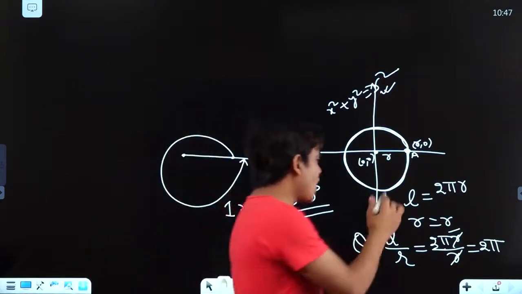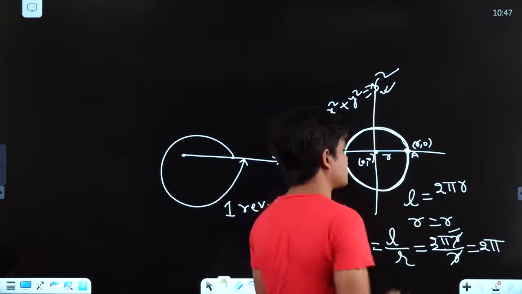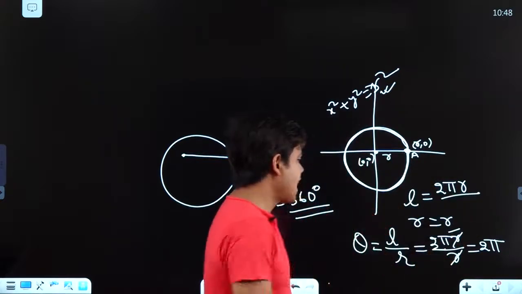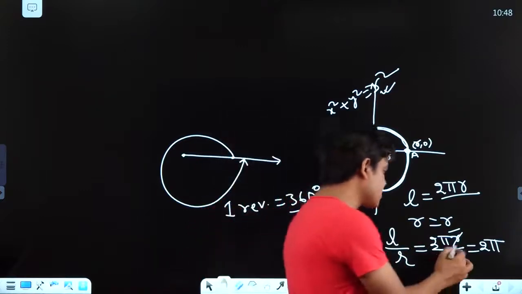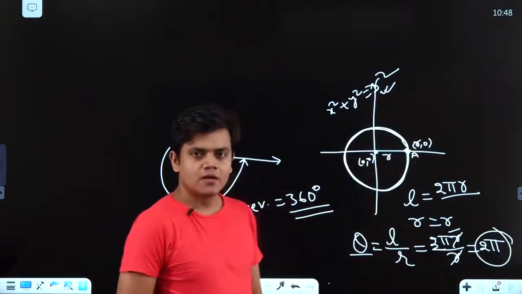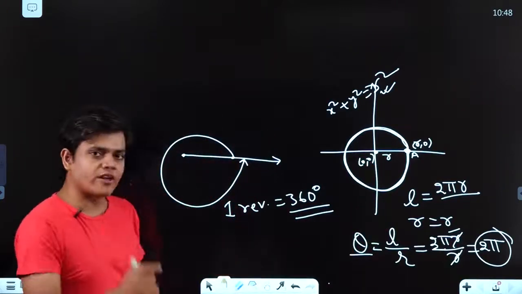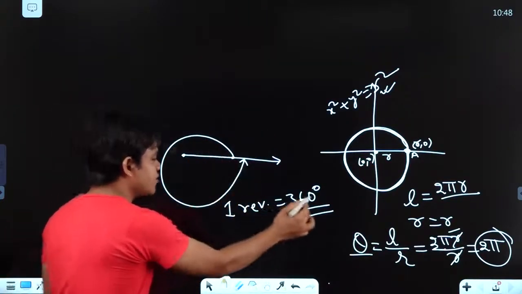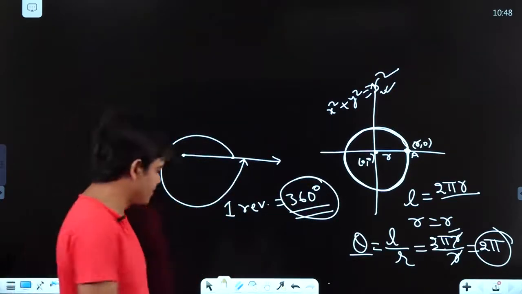So what is the length? The length is equal to the circumference, which is 2 pi r. R is the radius. Therefore, theta will be equal to L by r, which is certainly 2 pi. So theta in radian is 2 pi in one revolution and theta in degree is 360 degree in the degree system. We have discussed all these things in the previous lecture.